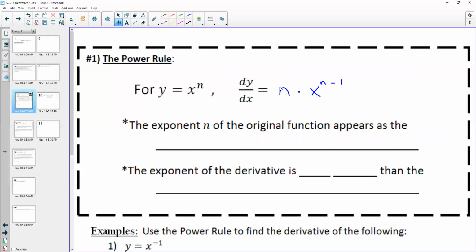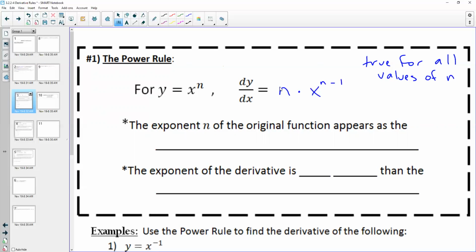Okay, this will be true for all real values of n. Okay, so sometimes, like today, we're going to go into some examples where n is negative, okay? And that's going to be okay, because we can still use the power rule when we have negative exponents.